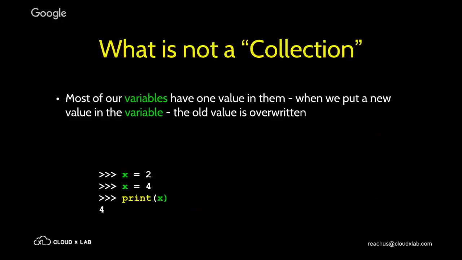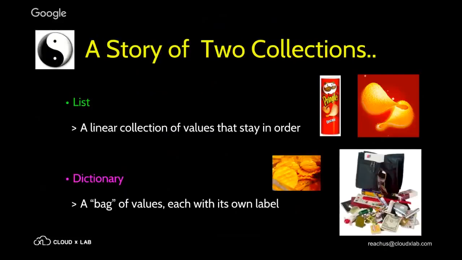So what is not a collection? The primitive values are not collections. A story of two collections: one is called list and the other is called dictionary. A list is basically a list of things in order, and a dictionary is a bag of values where each element has got a label.